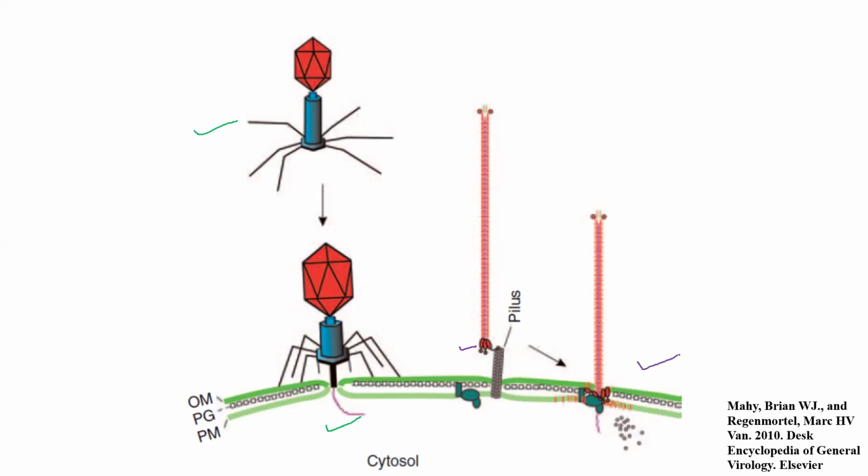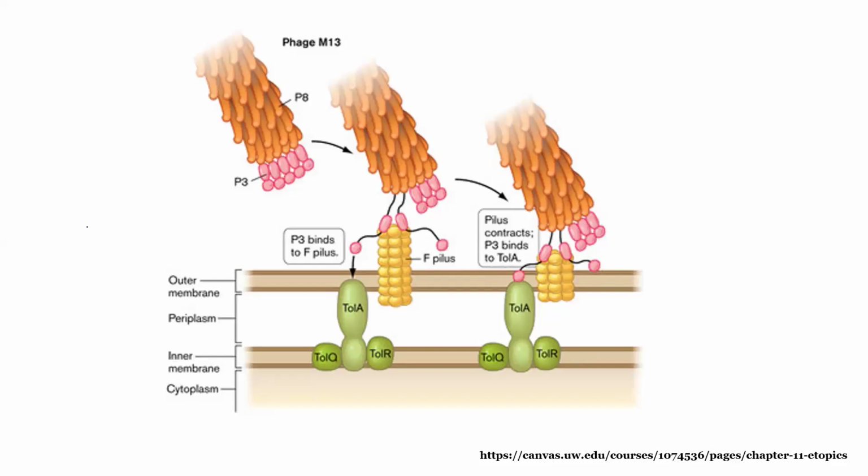Let's see a detailed diagram which shows the attachment of the P3 protein of a filamentous bacteriophage such as M13 to the receptor site, which is the F pilus. This is an M13 bacteriophage, and this is the coat protein P8, which is coating the genetic material, circular single-stranded DNA.